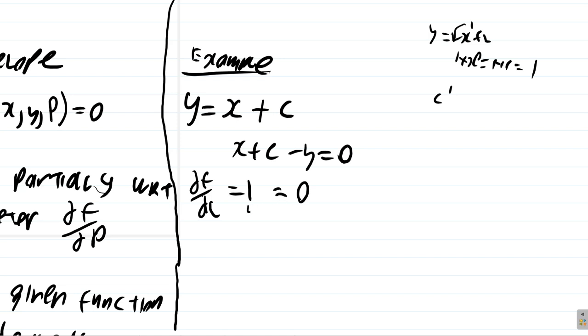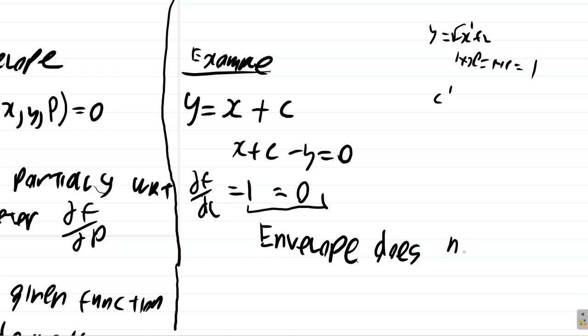So this seems to be some type of contradiction, because 1 cannot be 0 and 0 cannot be equal to 1. What I can tell you is that the envelope does not exist. This function does not have an envelope. Alright? Let's look at the graph and see.